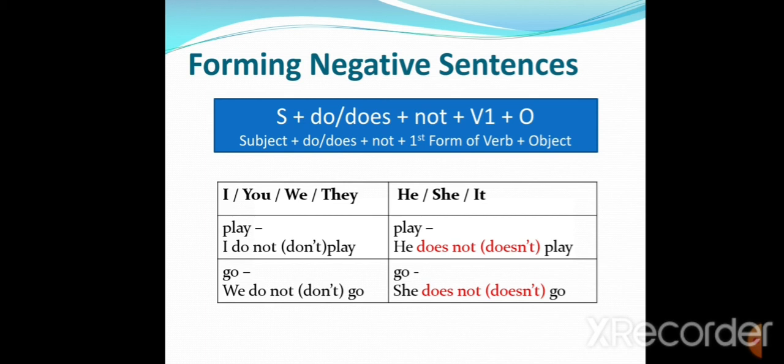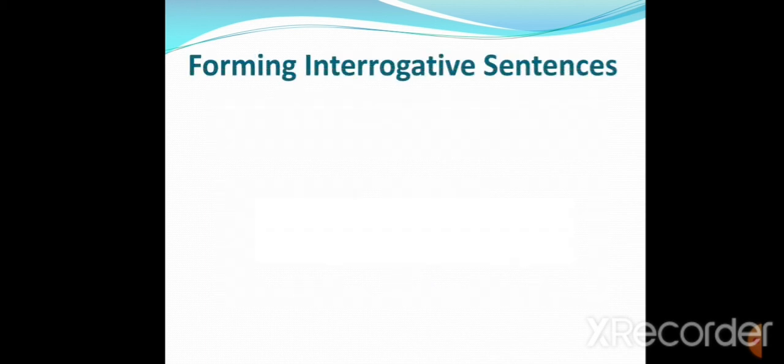So, let us now move to forming interrogative sentences. Now, interrogative means questions. How do we form questions in present simple tense? To make a question, we normally use do or does, and it is put at the beginning of the question.